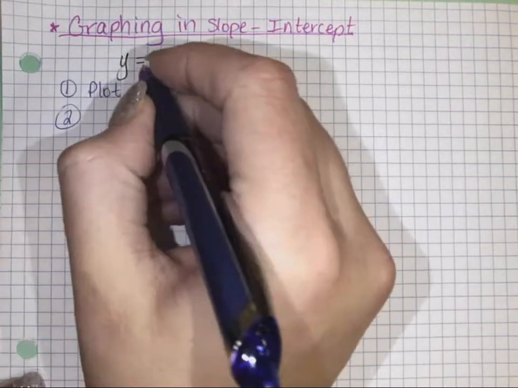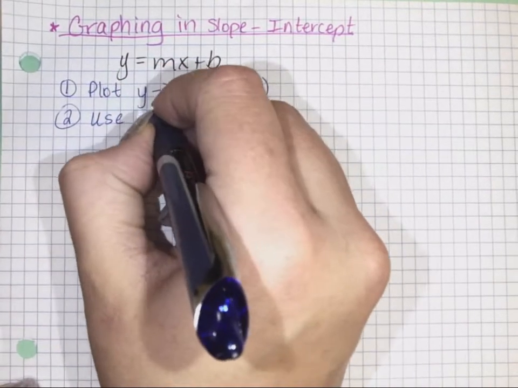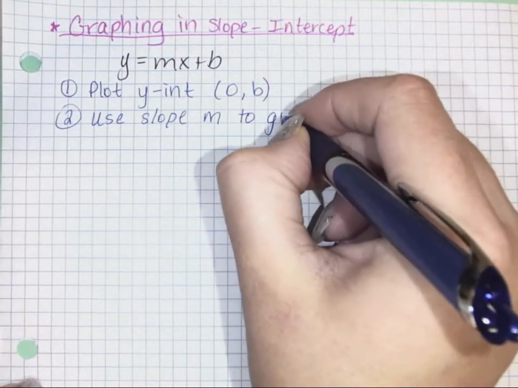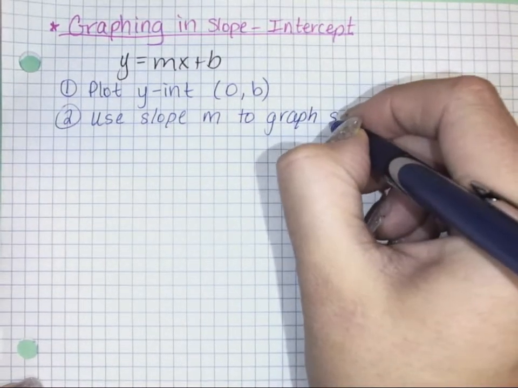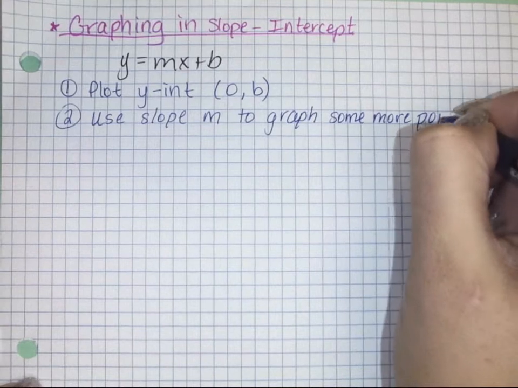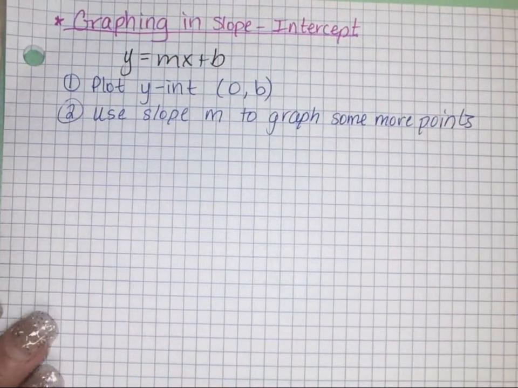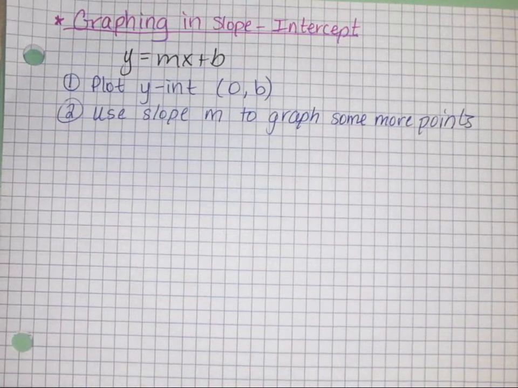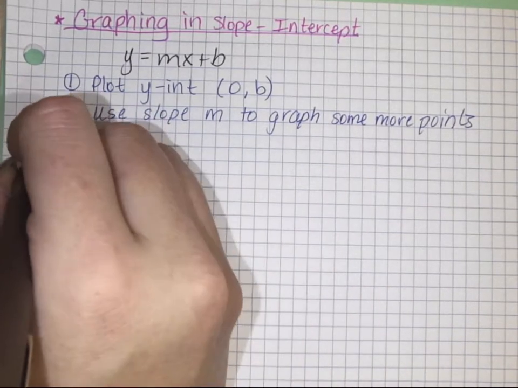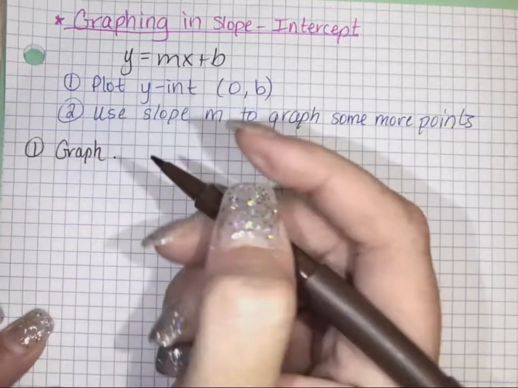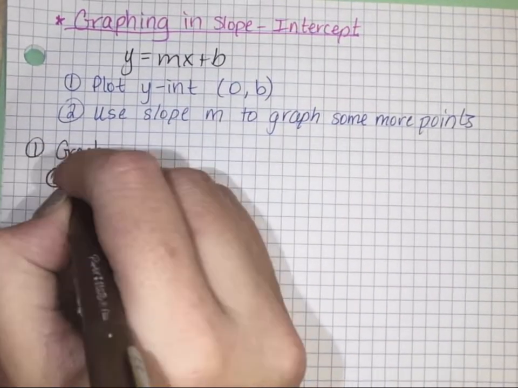Step number 2 is use slope, m, to graph some more points. And then, of course, just connect them to form your line. So we'll graph 2 really quickly.